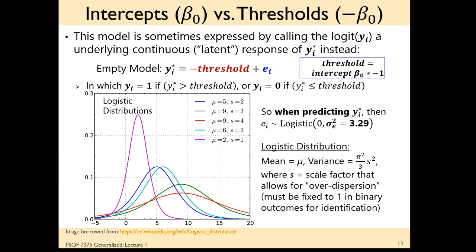So you will see this 3.29 show up in calculations of R square, pseudo R square, and things like that. Because what you're trying to do here is predict in Logits, the variance that's left over in Logits is 3.29. But when you get all the way back down to the 0s and 1s that you have, they follow Bernoulli, because this doesn't exist.